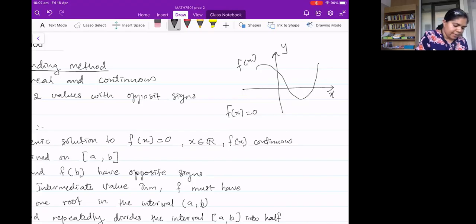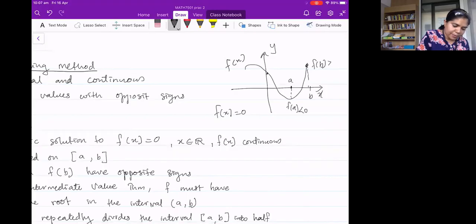The idea behind the bisection method is you need to have 2 points, let's say a and b. At one point the function value f of a is negative, and at the other point the function value f of b is positive.